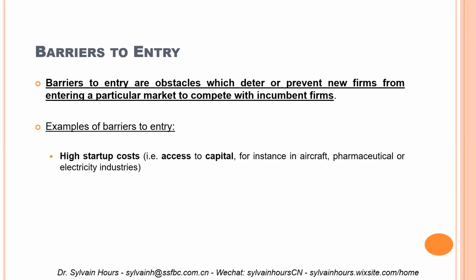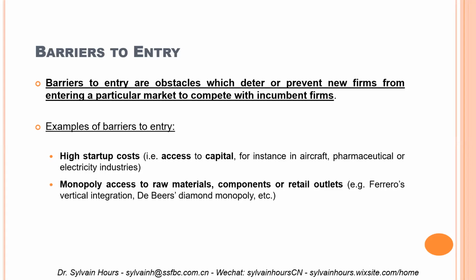Of course, you can have high startup cost. It might be very expensive to raise enough financial capital to start that business. Only very large companies can do that. You could have a monopoly access to raw materials, when there is a key resource that you need to produce a particular good or service, but it's under the monopoly control of one of your competitors.